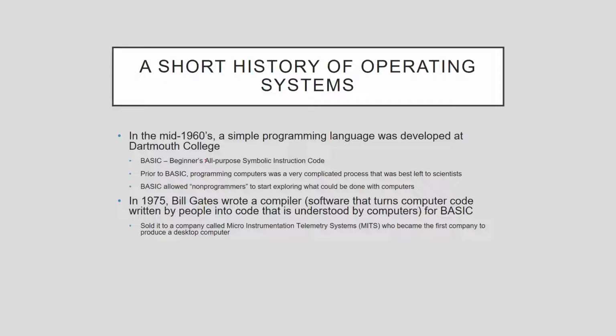Original Unix was developed at AT&T Bell Labs in 1969 by Kenneth Thompson and Dennis Ritchie as an improvement on Multics.